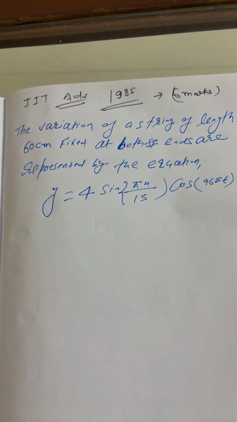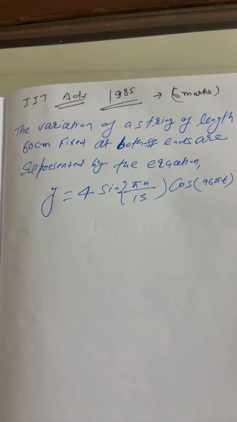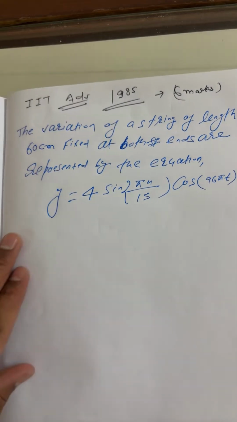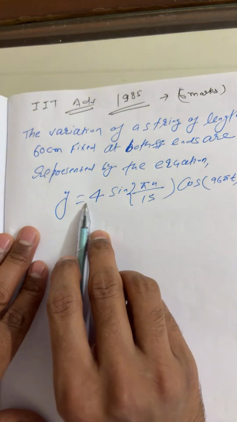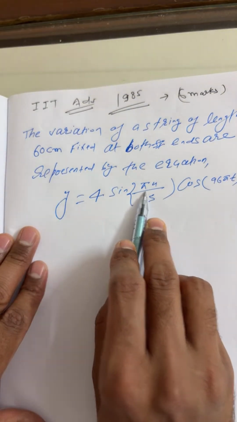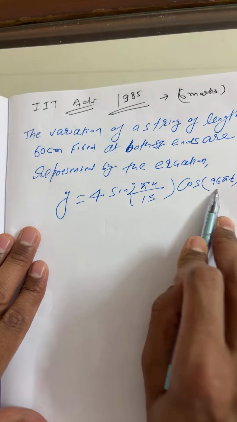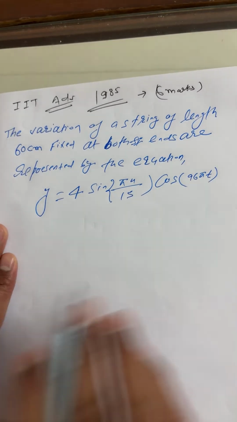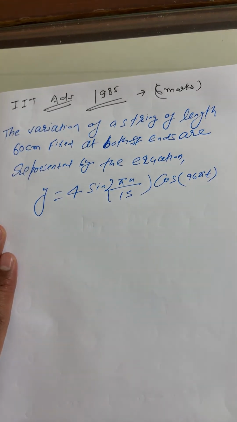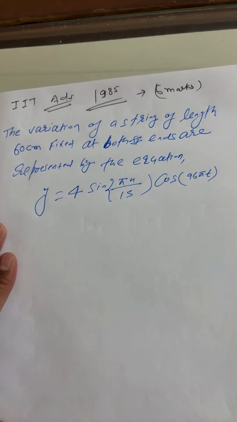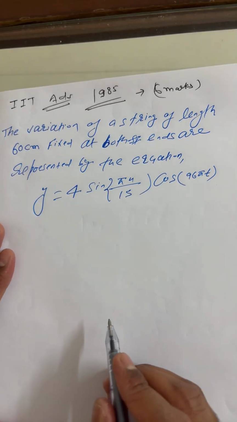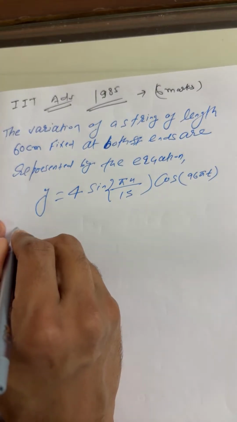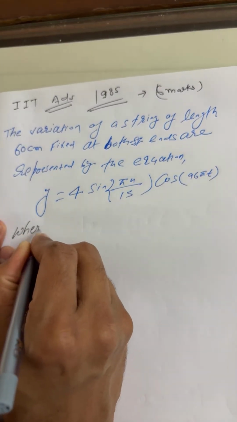Keep this question in mind: y is equal to 4 sine pi x by 15 cos of 96 pi t, where x and y are in centimeter and time is in second.